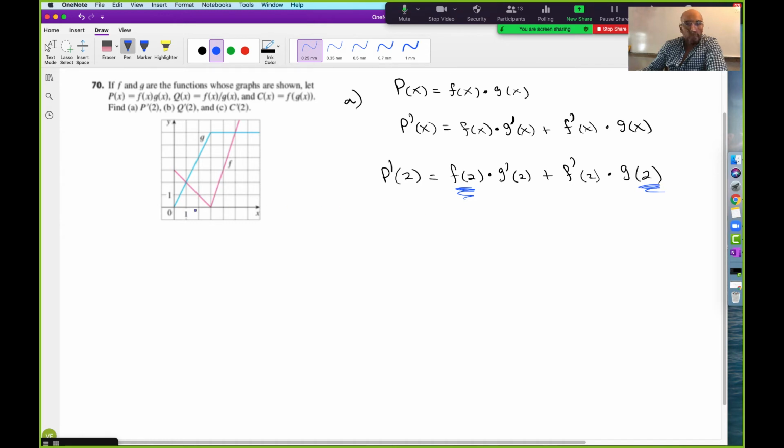Well, here's 2 right there in my graph. So f of 2 and g of 2 are just these results. Right? Moving up is this one. 1, 2, 3, 4. So from my graph, I can tell that g of 2 is going to be a 4. Okay. And f of 2 is going to be a 1.